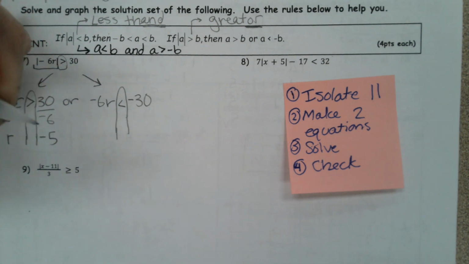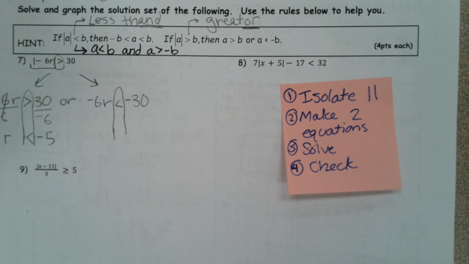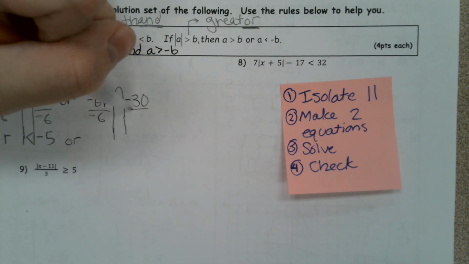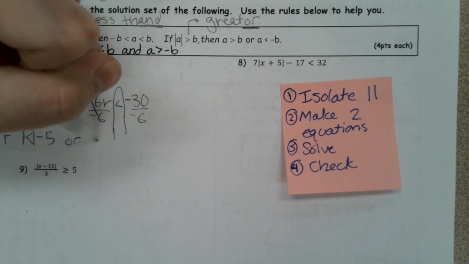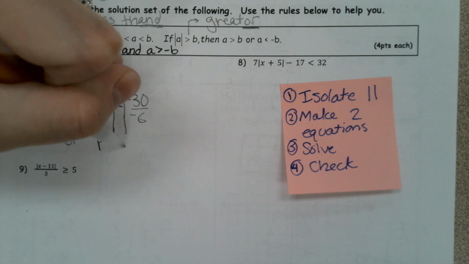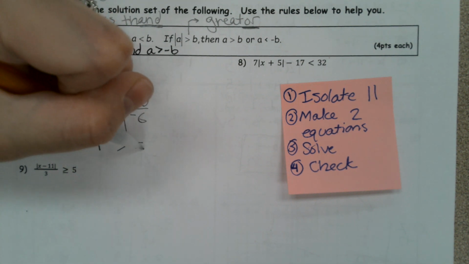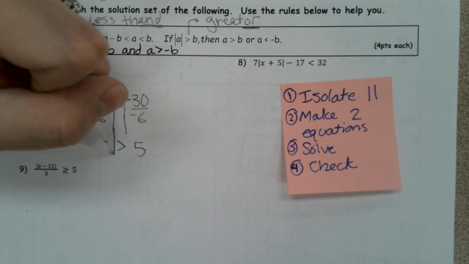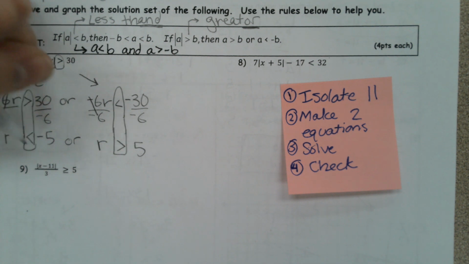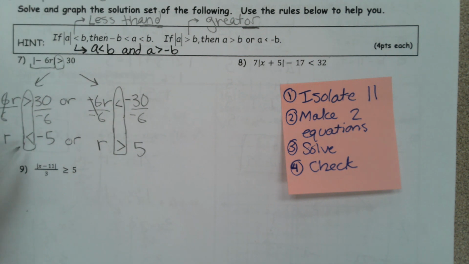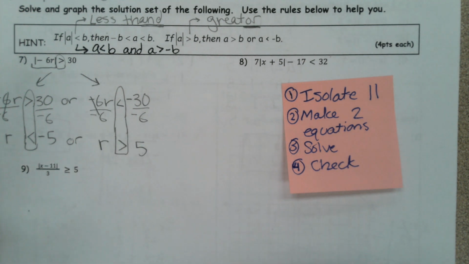So this is going to flip and be a less than. Or I divide by negative 6 over here, so I'm going to do the same thing. R is, flip this, greater than positive 5. So two negatives make a positive. So now I have R is less than negative 5 or R is greater than 5.